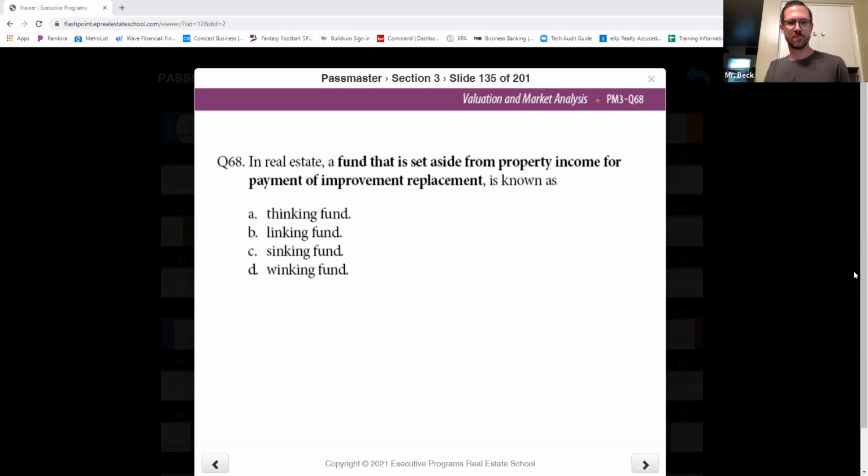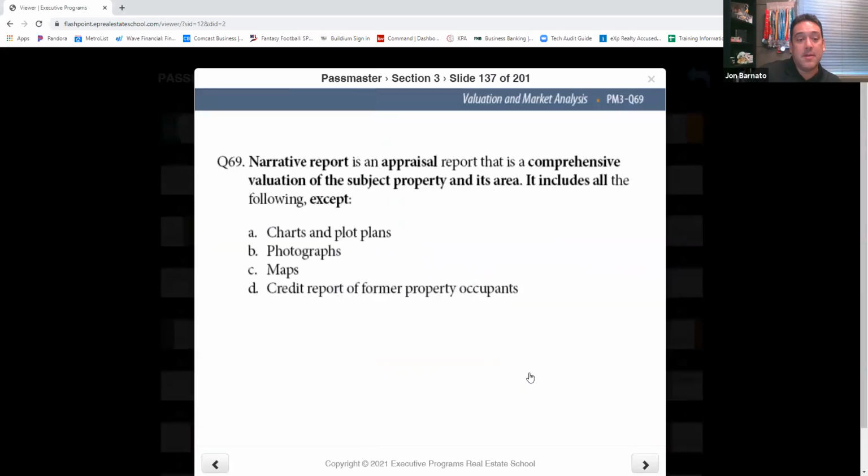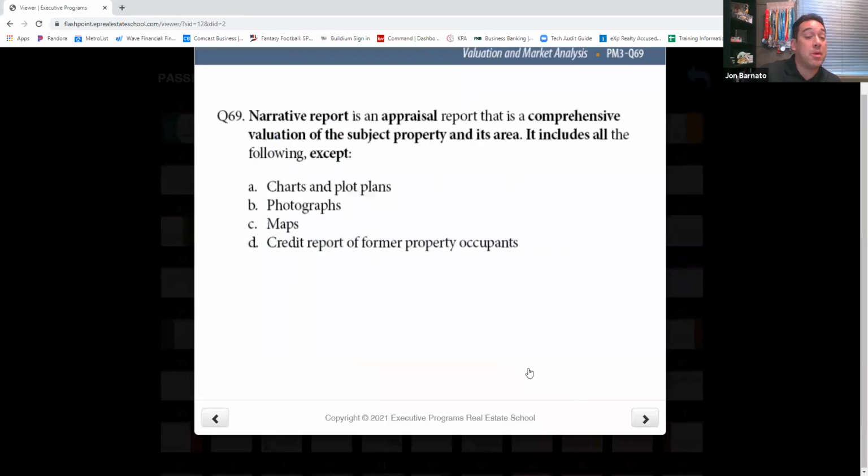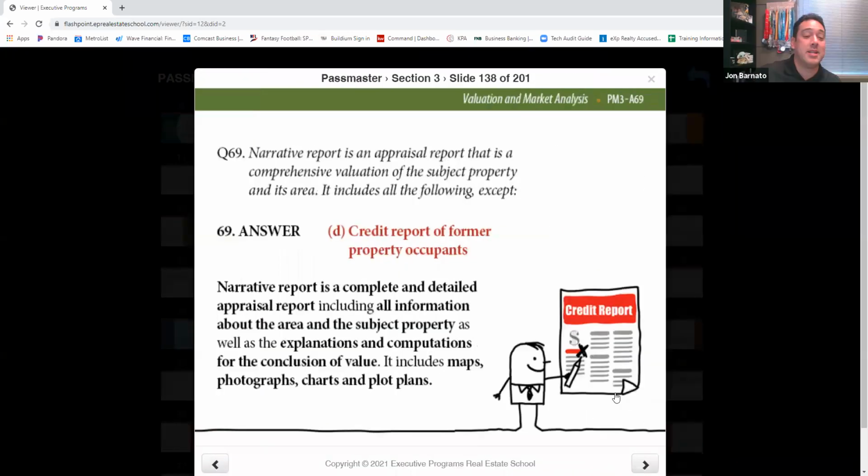In real estate, a fund that is set aside from property income for payment of replacement is known as what? Sinking fund, C. Correct, very good. A narrative report is an appraisal report that is a comprehensive valuation of the subject property and includes all the following except. D. Yes, it doesn't include the credit report of the former property.